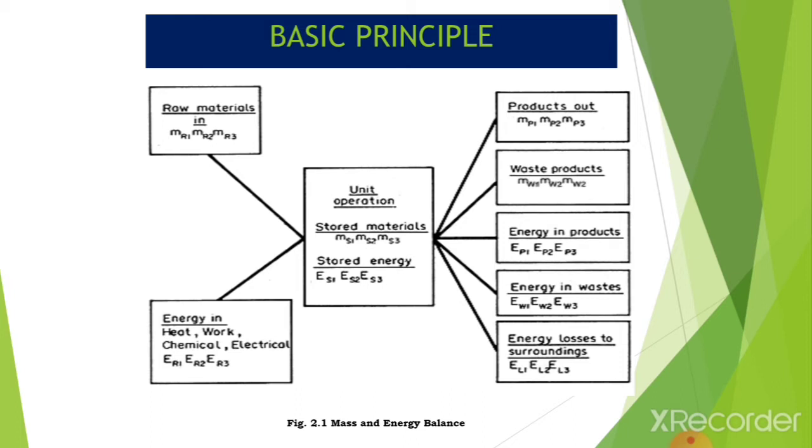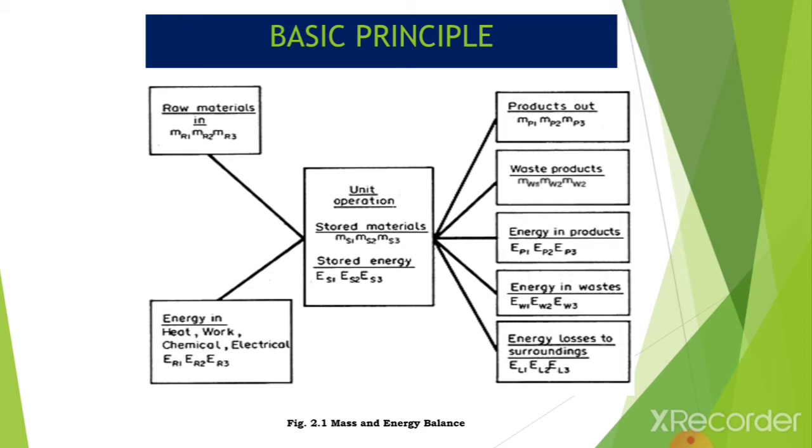Also energy comes out of the system in various forms, that is energy in products, energy in waste, energy losses to surroundings. Suppose mass entering system is indicated by MR1, MR2, MR3, means mass of raw material 1, mass of raw material 2, and MR3 is nothing but the mass of raw material 3.